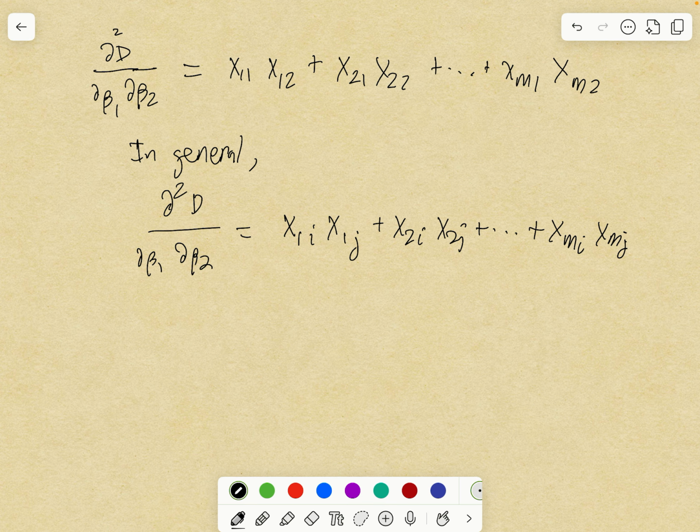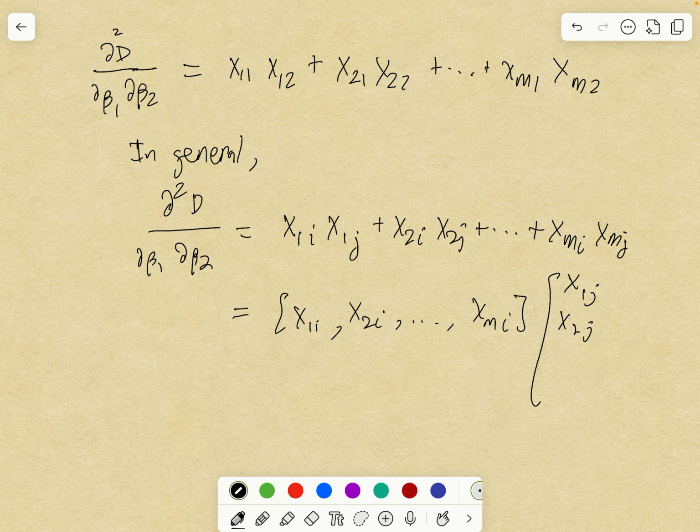Well, I can write that as a matrix product: x1i, x2i to xmi times the matrix x1j, x2j up to xmj.